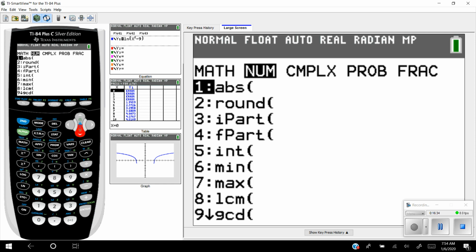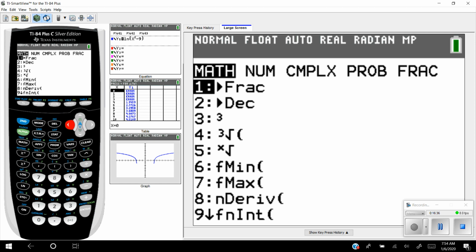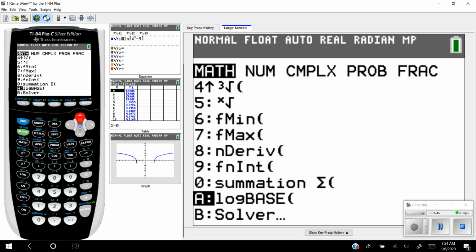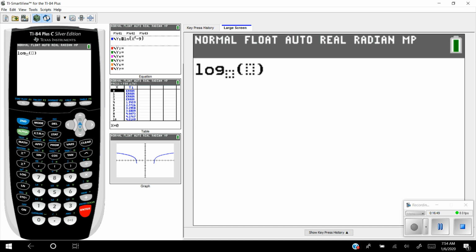Oh, maybe not. Is it on the number panel? It's in here somewhere. I should have looked ahead of time. There it is. Okay, it's on the number panel. So if you see this log base option, this actually opens up a logarithm with an editable base.